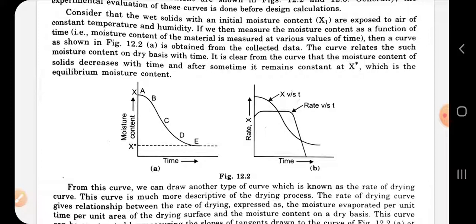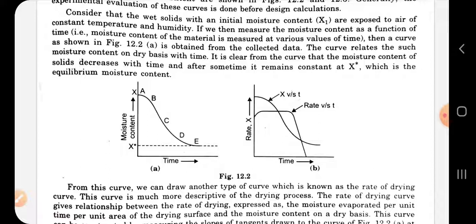Now if we measure the moisture content with time, as time passes, the amount of moisture starts to reduce. With time, the solid will keep on drying. Then this curve is obtained as figure 12.2a.